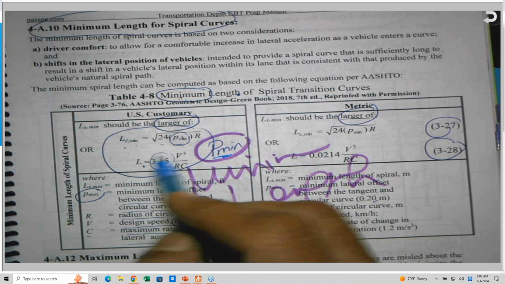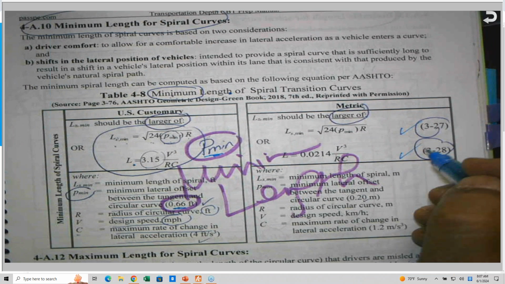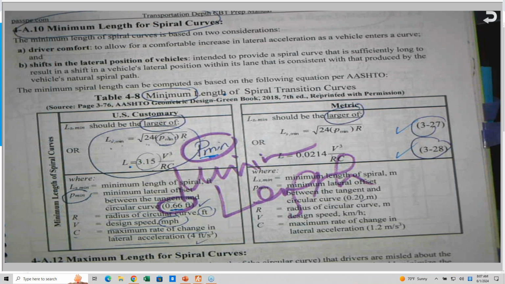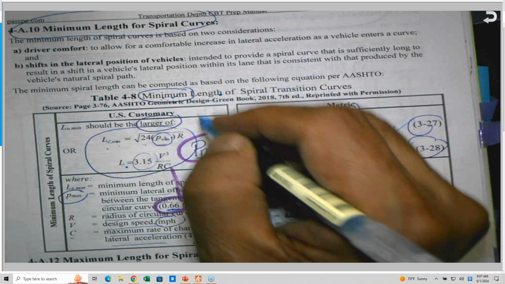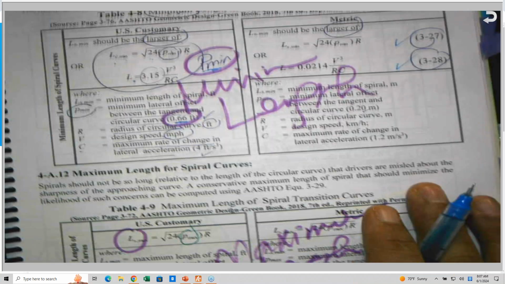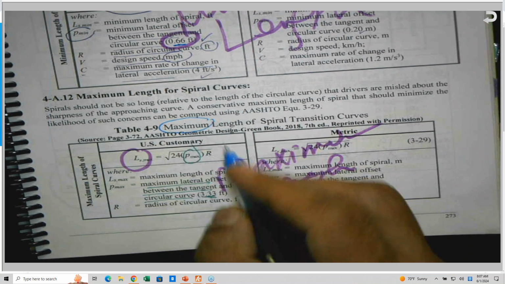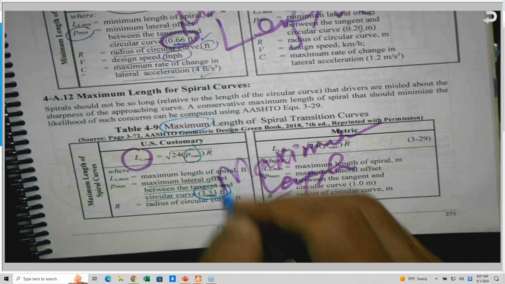These are the equations given in the AASHTO book, chapter 3, equations 3-27 and 3-28. You're supposed to check both of them and take the larger of these two. The maximum length is based on P max, and P max is equal to 3.33 feet.